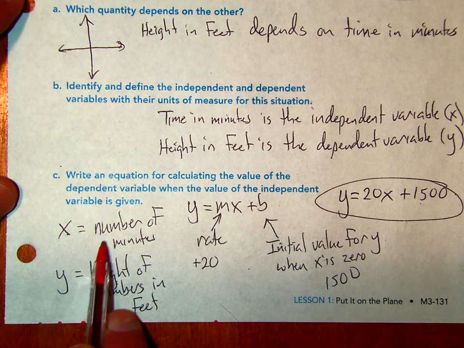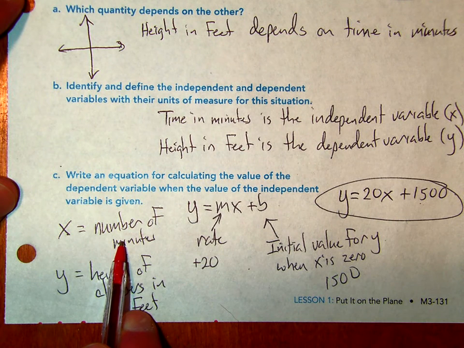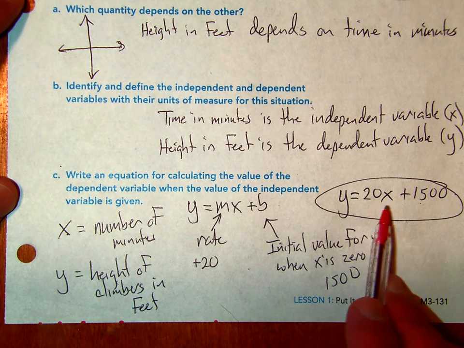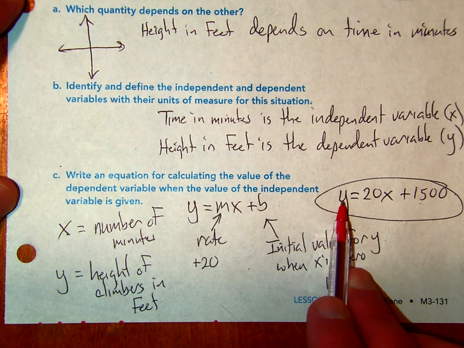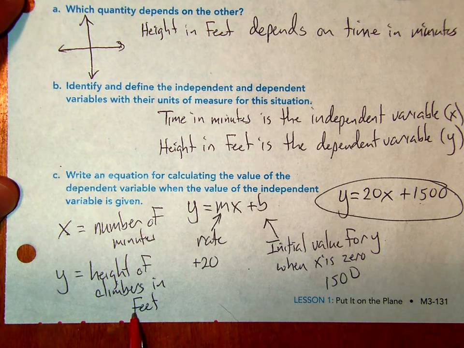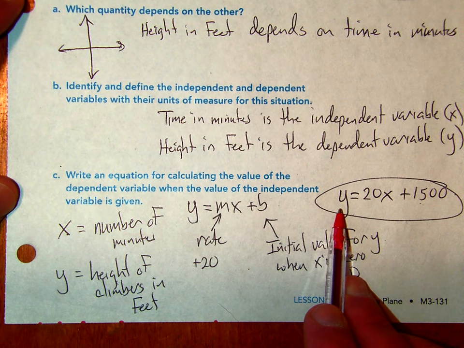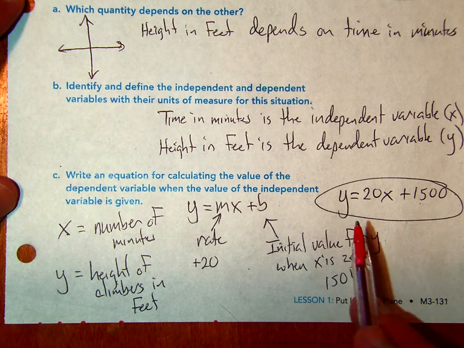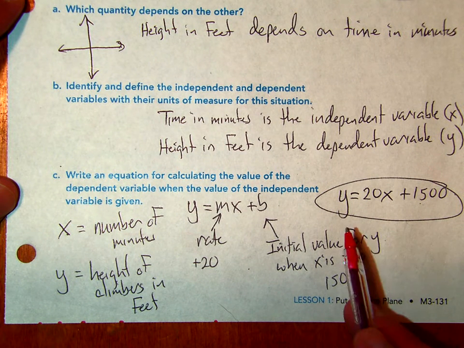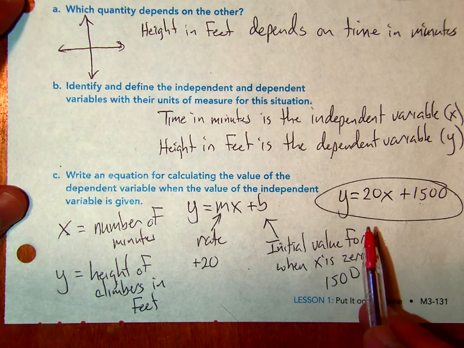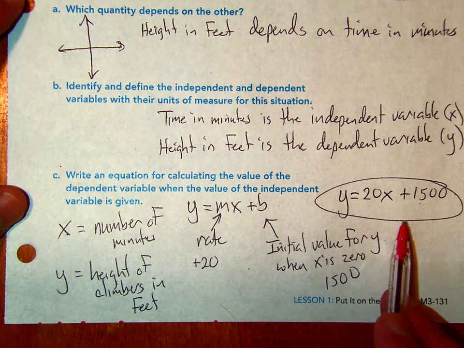So X is our input value, the number of minutes. And their total height at any given time will be Y, the height of the climbers in feet. Now, El Capitan is 3,000 feet, so the highest they can go is 3,000. They're not going to climb to 4 or 5 or 10,000 feet because the face doesn't go that high.